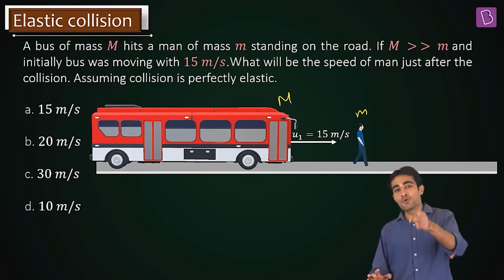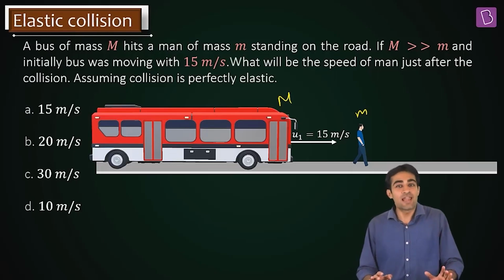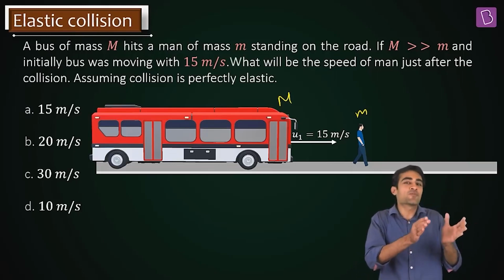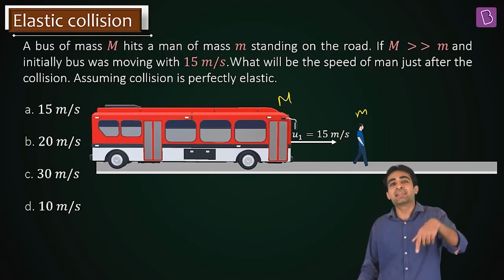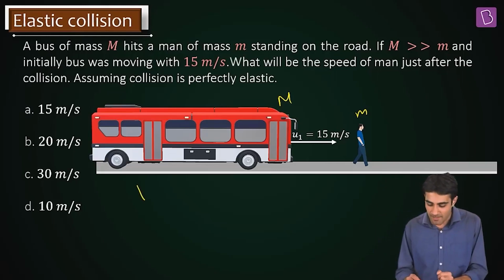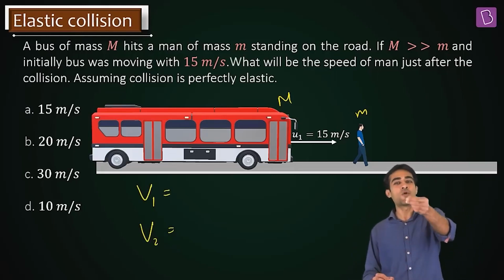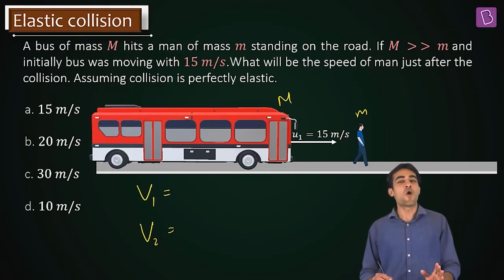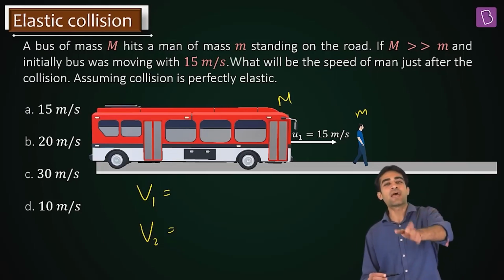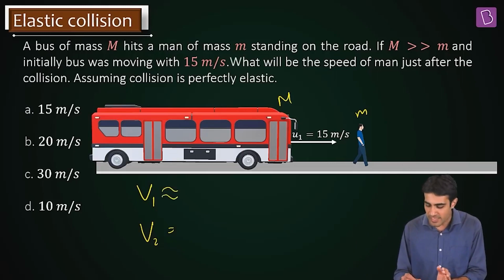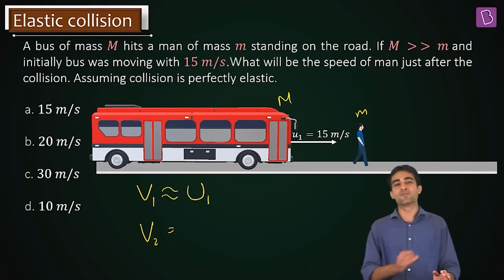Now, I told you in the previous question, when we have a case where a very large mass collides with a very small mass, then in that case, we can memorize the formula of V1 and V2. What is the final velocity of the heavier mass? Well, this velocity is approximately equal to the initial velocity of the heavier mass.